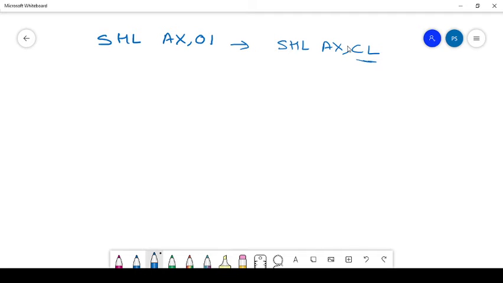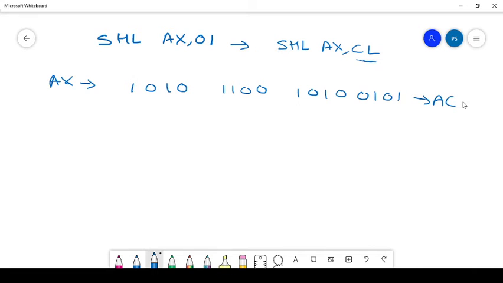That means 1010 is 10, that is A. 1100 is 8 plus 4, 12, is C, AC. 1010 again A, 0101 is 5. If the content of AX is this one, and the instruction is SHL AX, 01 or SHL AX, CL where CL equals 1, then we'll see what happens.